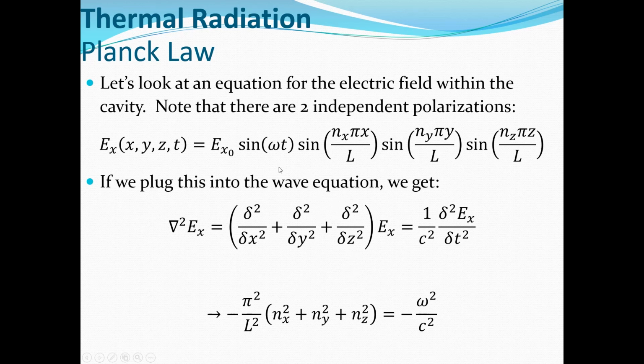So when we take the partial with respect to the three dimensions, we get this. Now this is simplified because there are all these sine terms that end up canceling out. When we take the second derivative of this, we get the derivative of what's going on in here times this entire thing, and then the derivative of what's in here times this entire thing.